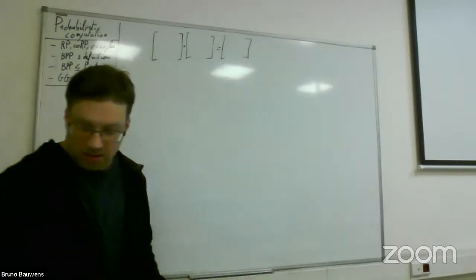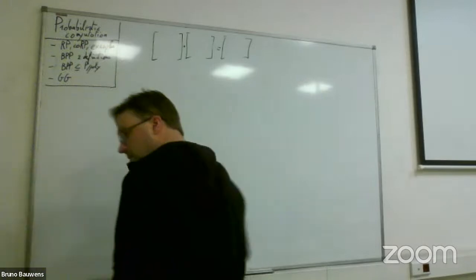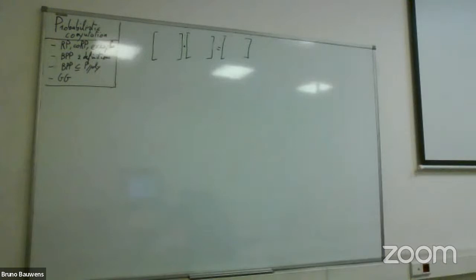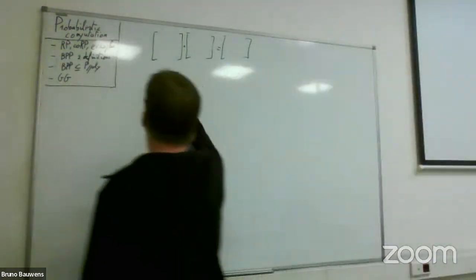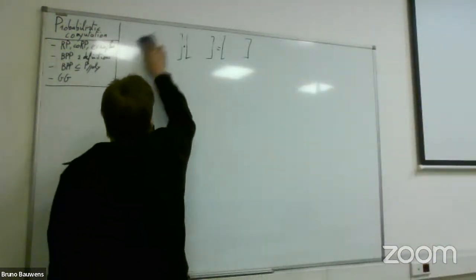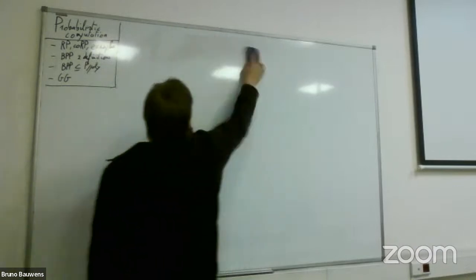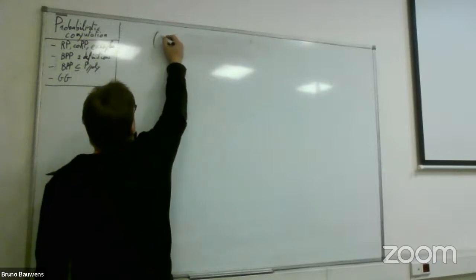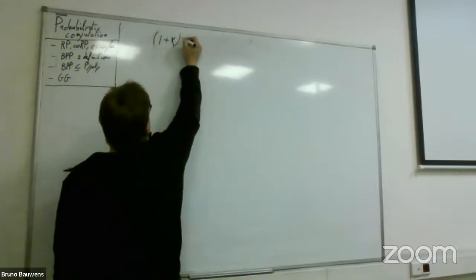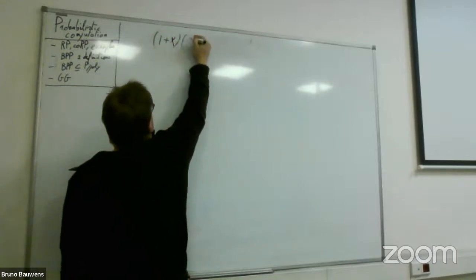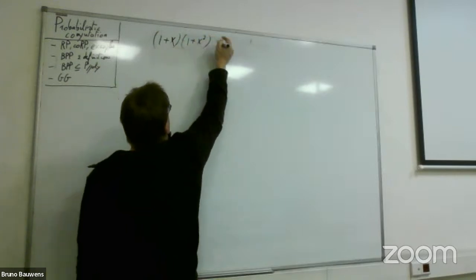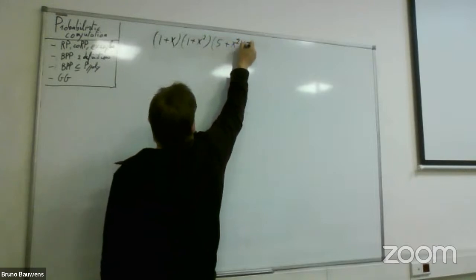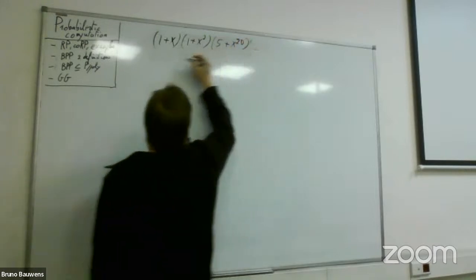So what do you get? You get a polynomial using multiplications and addition. So you get a polynomial of the form 1 plus x times 1 plus x squared, or 5 plus x to the power 20, and so on.